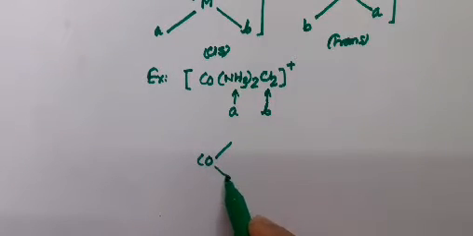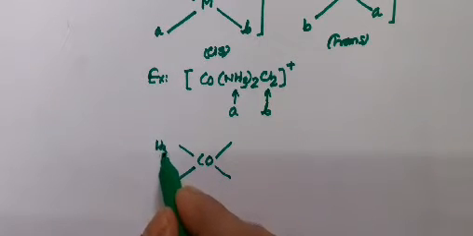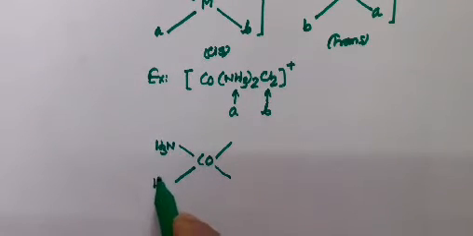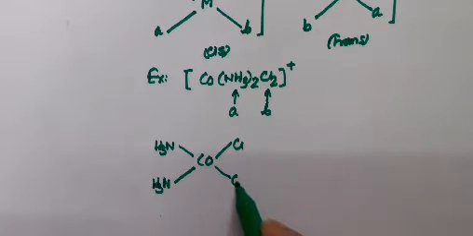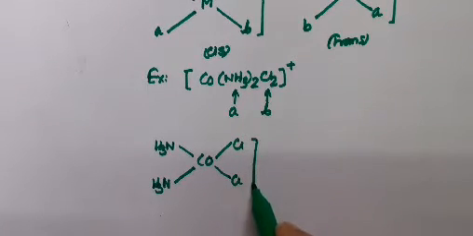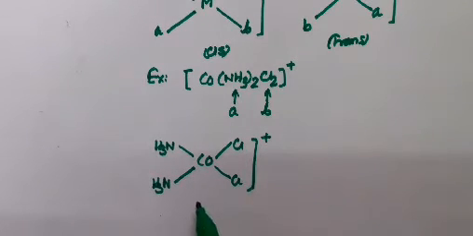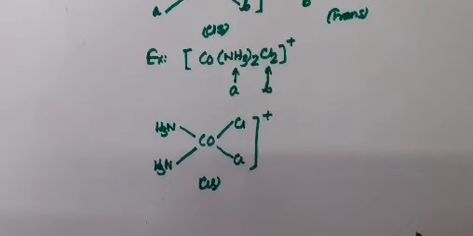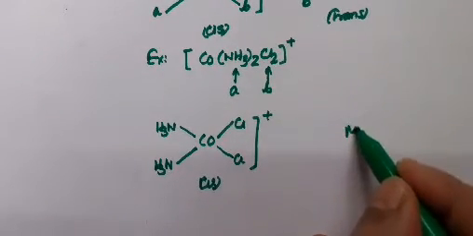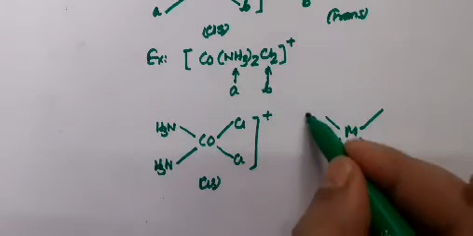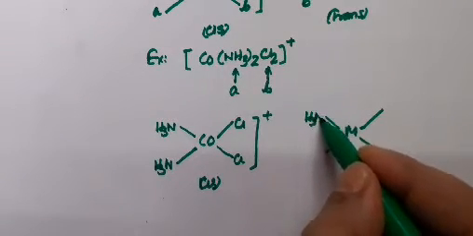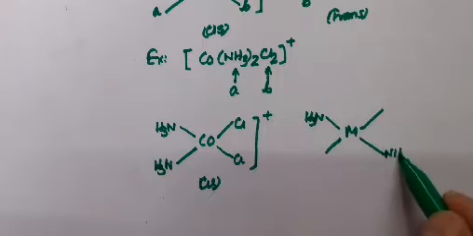First we draw the arrangement and place identical ligands on one side. When we place identical ligands on one side, we get the cis arrangement, and when the identical ligands are placed on opposite sides, we get the trans arrangement.